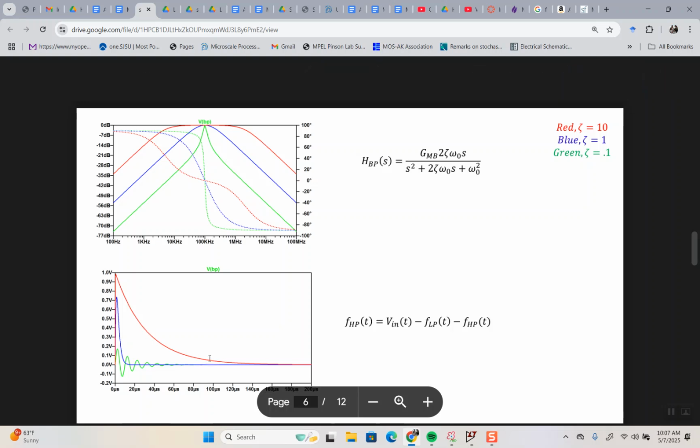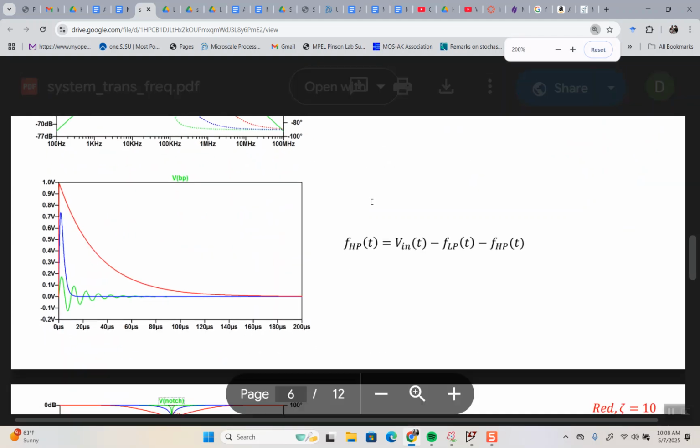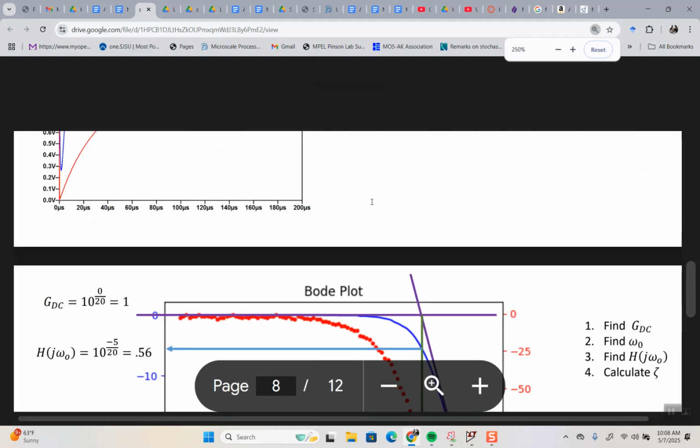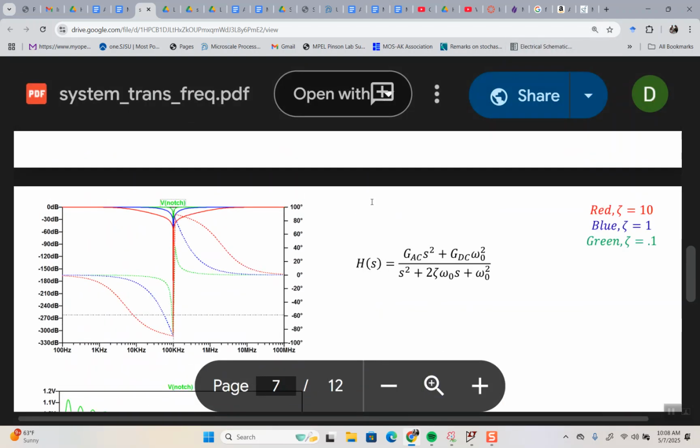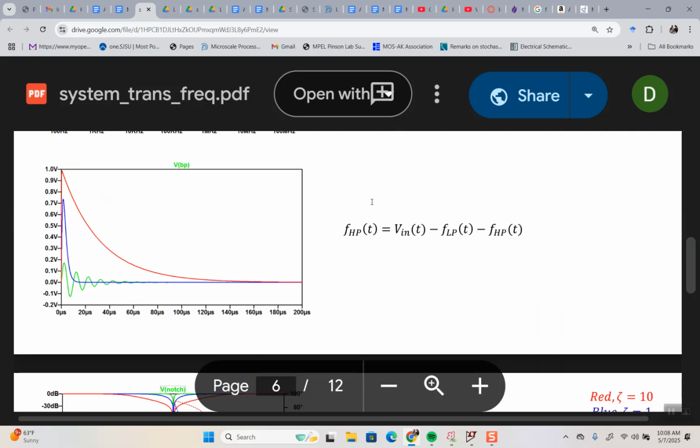If you zoomed in, you would just see a slight ramp. The blue is, you can see there's a little, maybe, I mean, okay. So see the blue, you can see it start to come up.